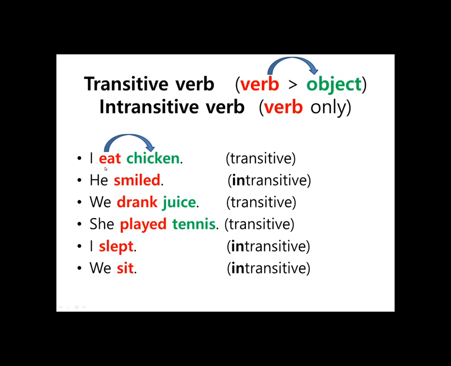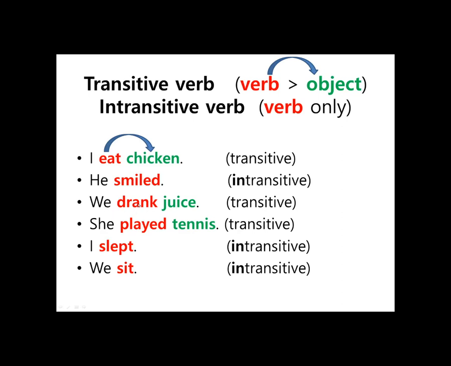Okay, so let's look at an example. This is a transitive verb because it's acting on this noun here, chicken. So this is transitive: I eat chicken. And we have: he smiled. There's no object here, there's no noun, so this is intransitive. We drank juice.